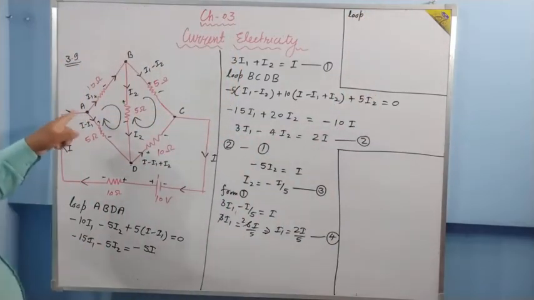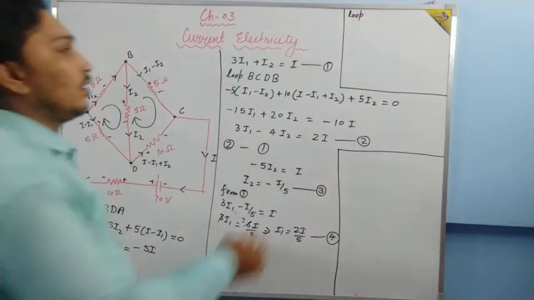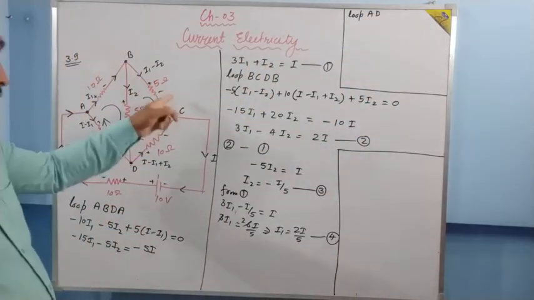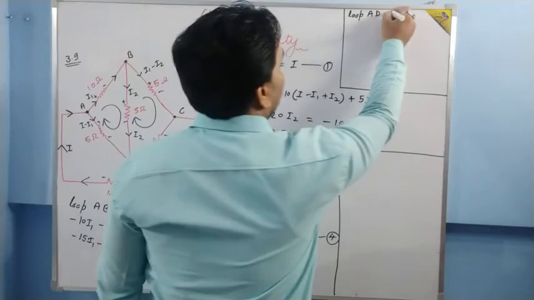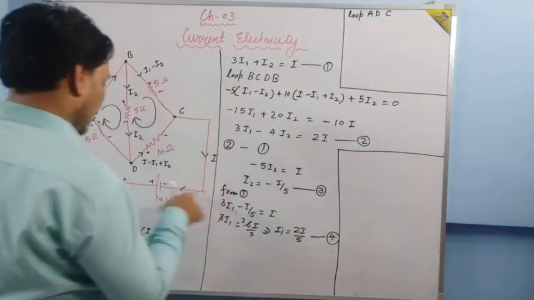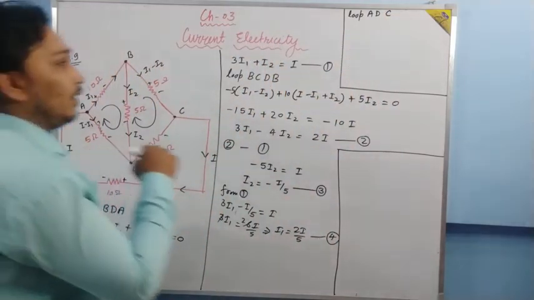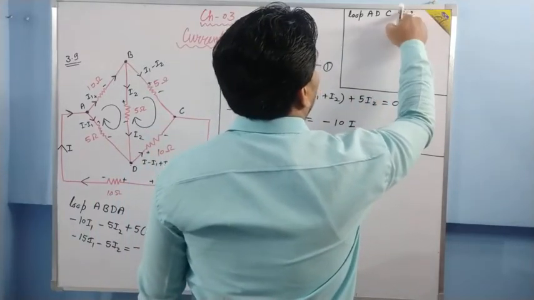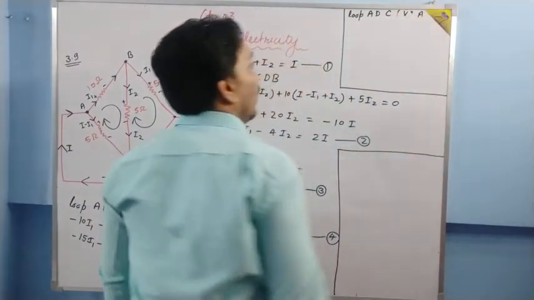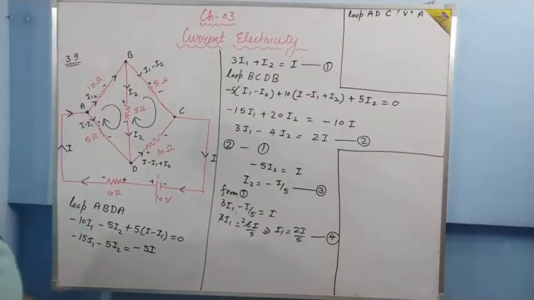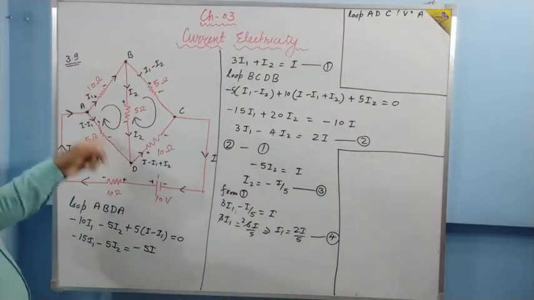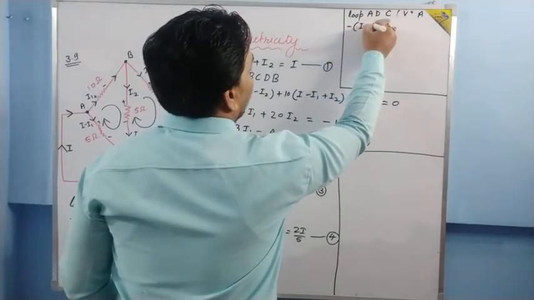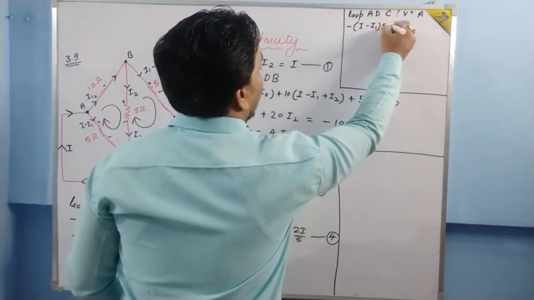Let's start from here. A, D, C. Then after cell and then after A. So for the cell I am writing E. Okay? And then after A. If we apply it, then what will we get? From A to D, plus to minus, it will become minus, and it will be I minus I1 into 5.